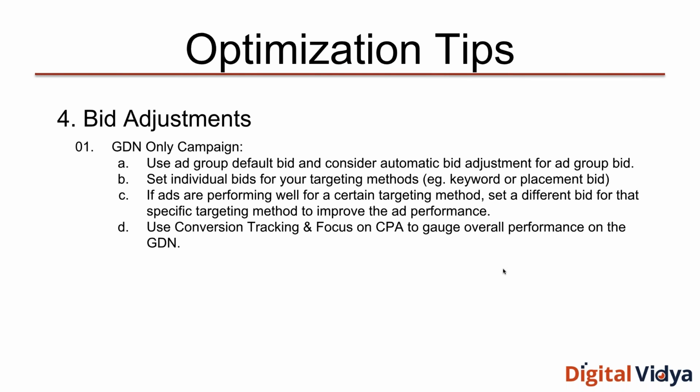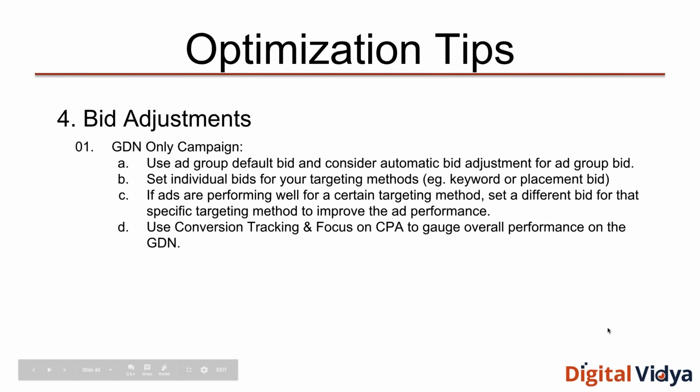So one good indicator for effectiveness of your campaign can be your conversion rate on display network, or if you're using your campaign on display network just for branding purposes, you can keep track of your impression share and impressions to understand how it is performing.